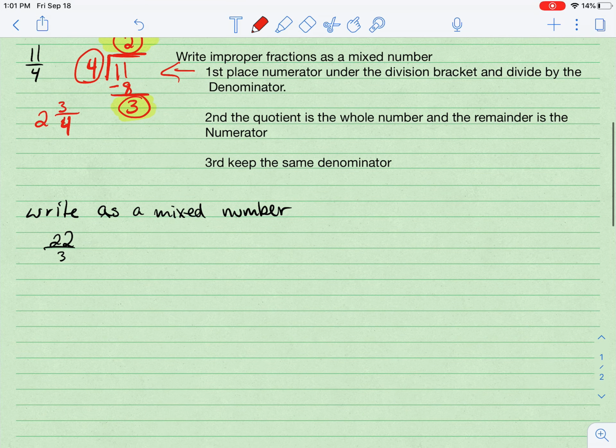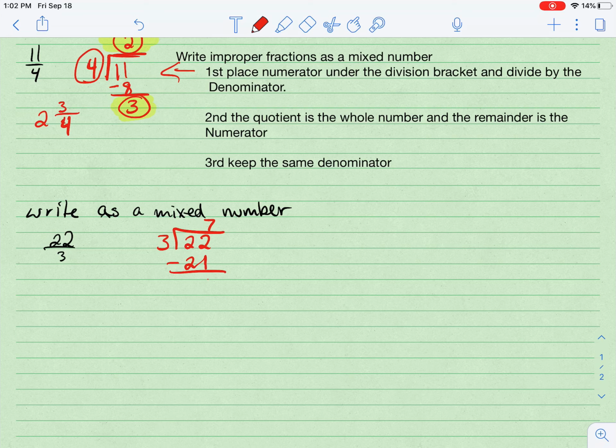Okay, so one more. We're going to convert 22/3 into a mixed number. So step 1, we're going to rewrite it as a division problem and put the numerator under the bracket. Okay, so 3 can go into 22 7 times. 3 times 7 is 21.